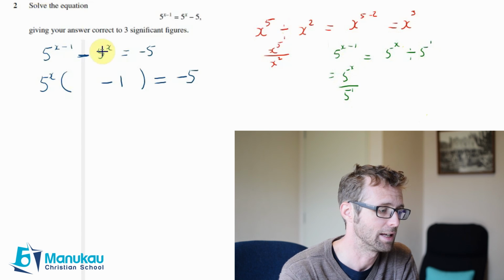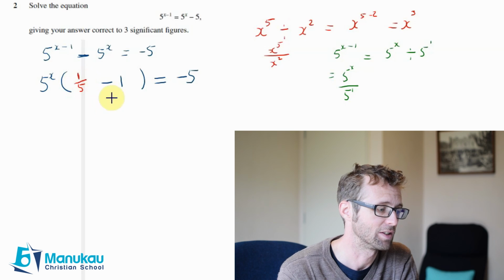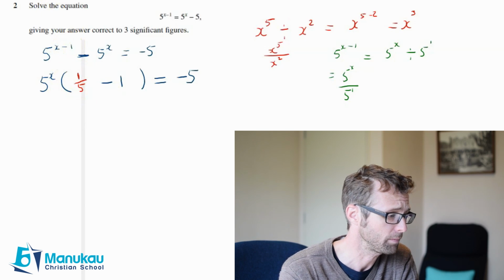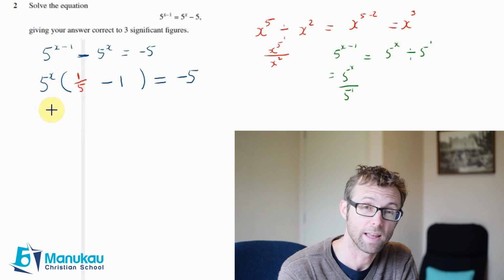So given that, in this here, we can write 1/5, since 5 to the power of 1 is 5, and when we're dividing, we subtract the indices. So that's why I've got this minus 1 here. It means 5 to the power of negative 1, or 1 over 5. Okay, hopefully that makes sense to you.